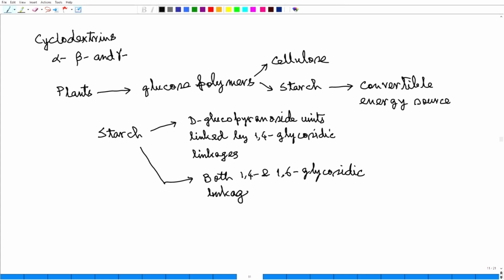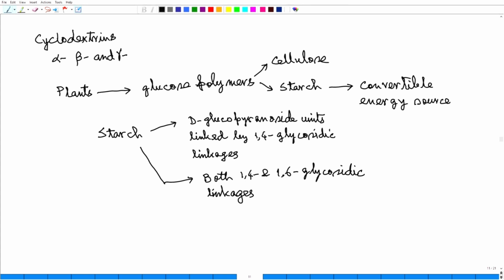So, from starch we get two polymers. One has 1,4 glycosidic linkages, and the other has both 1,4 and 1,6 glycosidic linkages. All right.